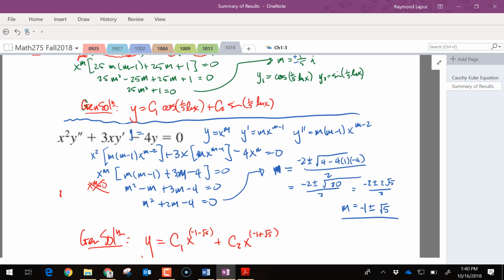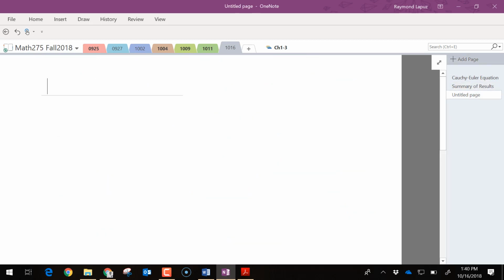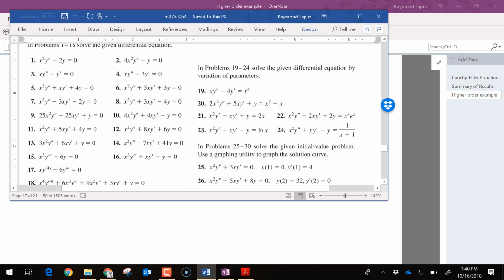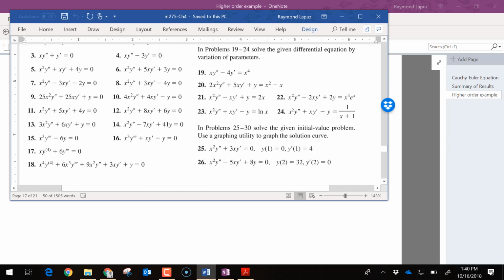Okay. Any other questions? All right, let's try another example, higher order example. Hopefully we can factor it.